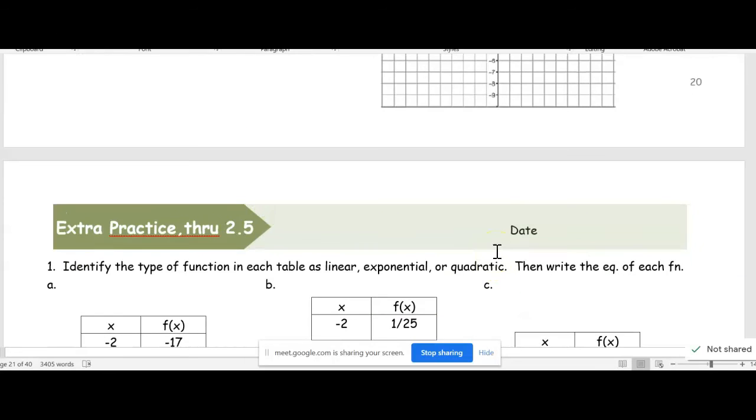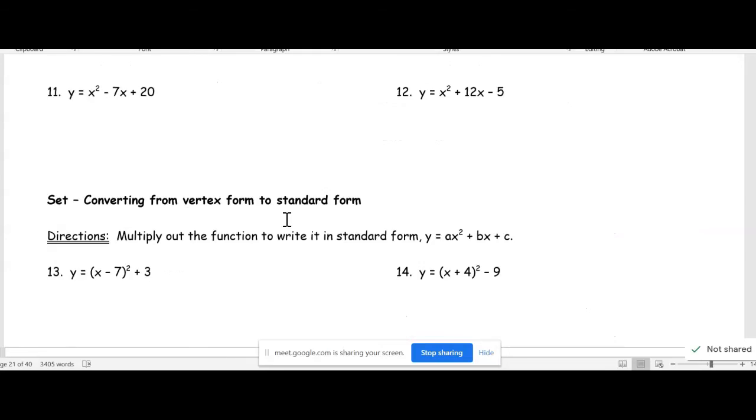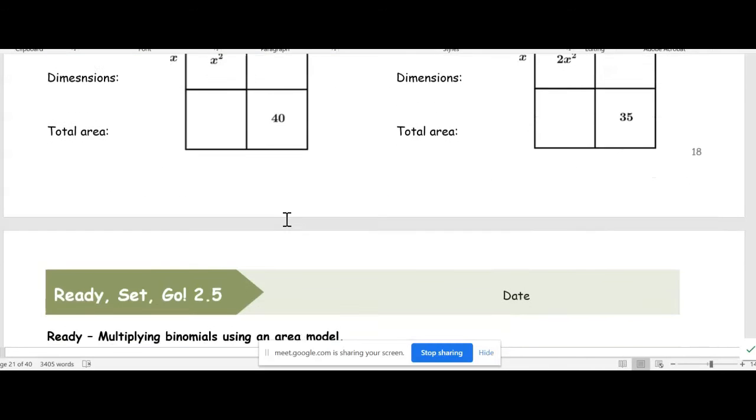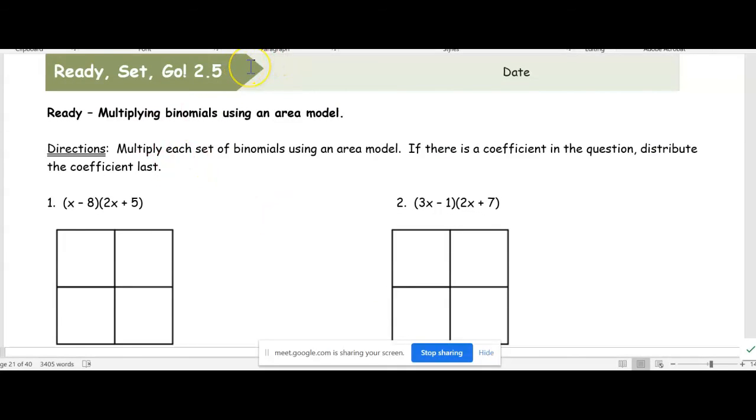If you have the task packet, look for where it says the extra practice. Where it says Ready, Set, Go 2.5.